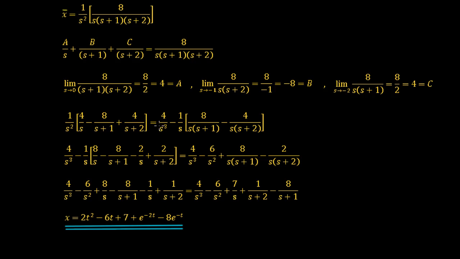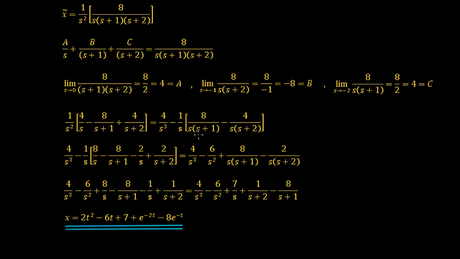So that is equal to 4 upon s cubed minus 1 upon s, all times 8 upon s times (s plus 1) minus 4 upon s times (s plus 2). That can be written as 4 upon s cubed.